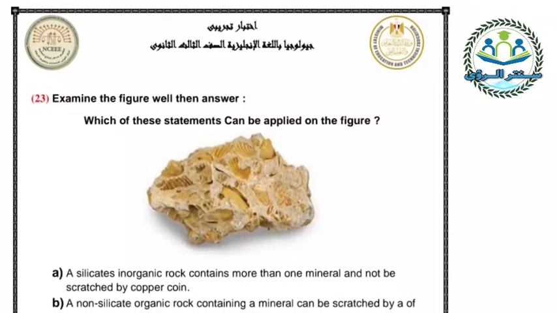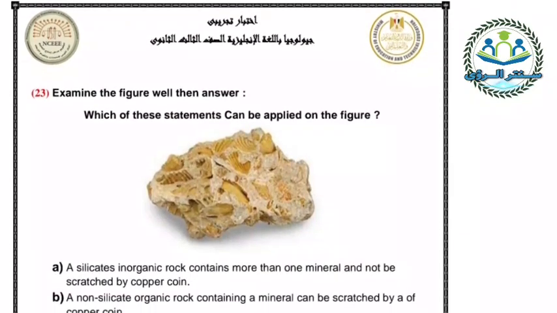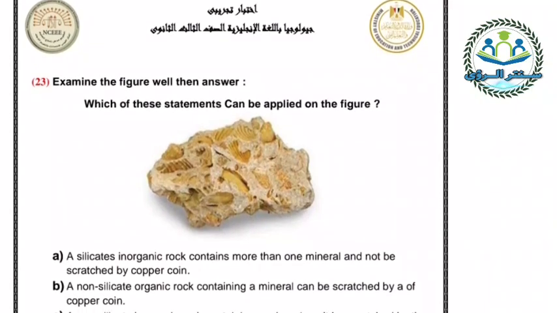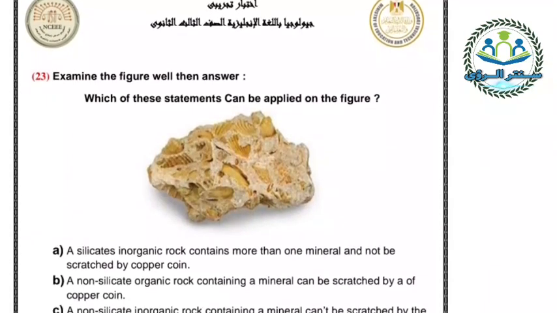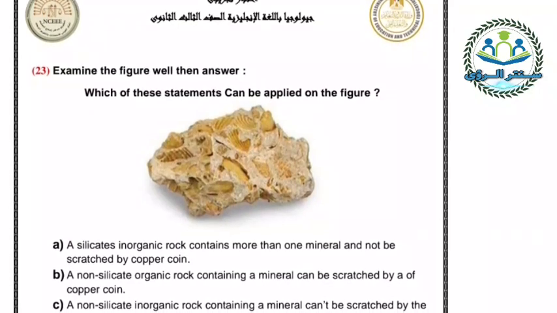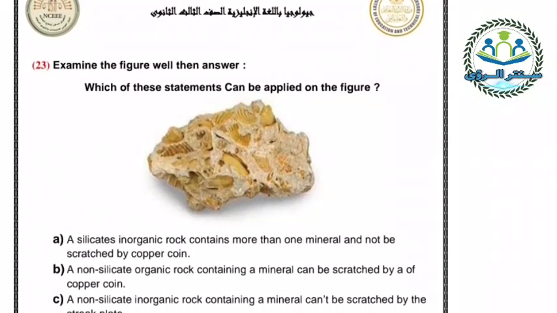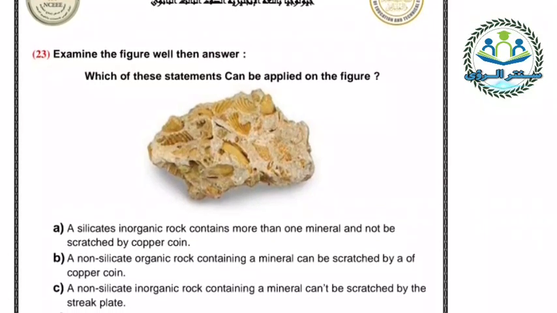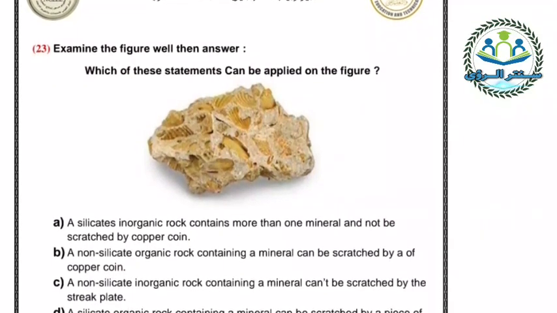23. Examine the figure well, then answer. Which of these statements can be applied on the figure? A. A silicate inorganic rock contains more than one mineral and cannot be scratched by a copper coin.